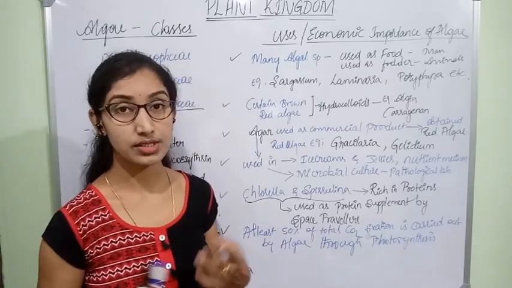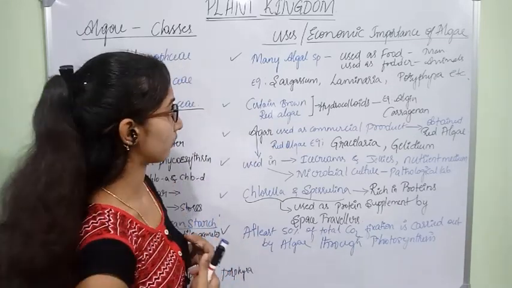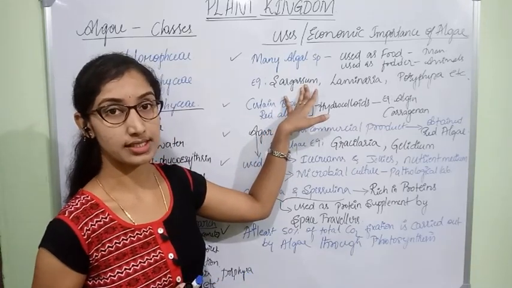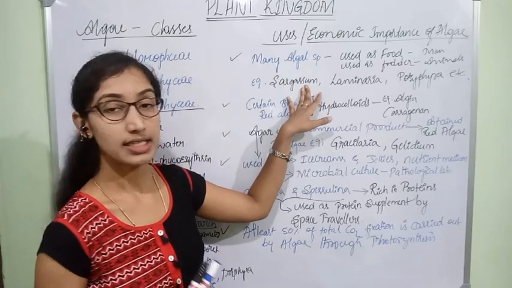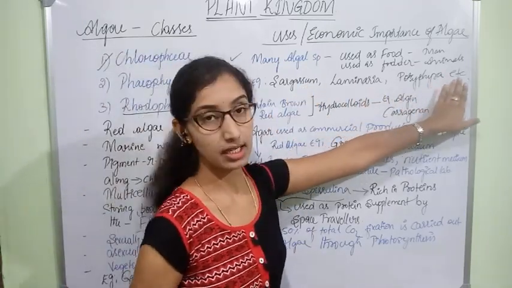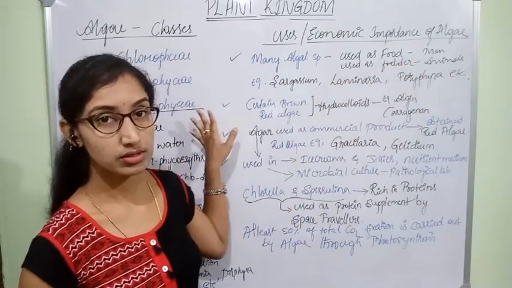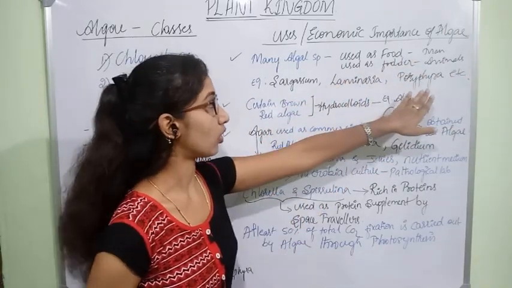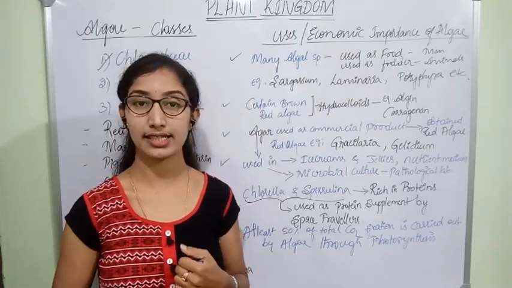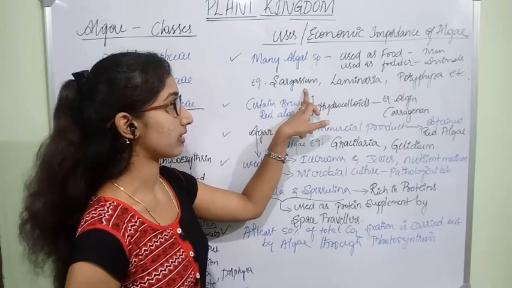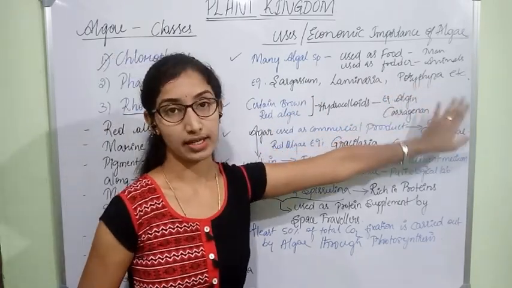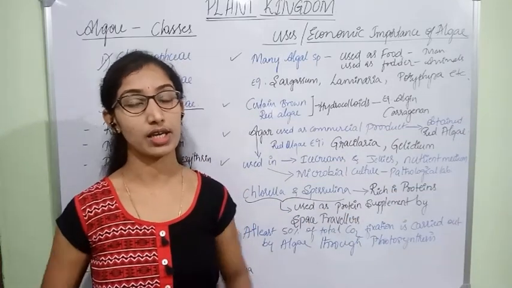For example, the food and fodder algae that we are using are Sargassum, Laminaria, Porphyra, etc. Here both the red algae as well as the chlorophyceae and phaeophyceae algae are taken as examples. One is Sargassum, another is Laminaria, and Porphyra is one of the red algae.